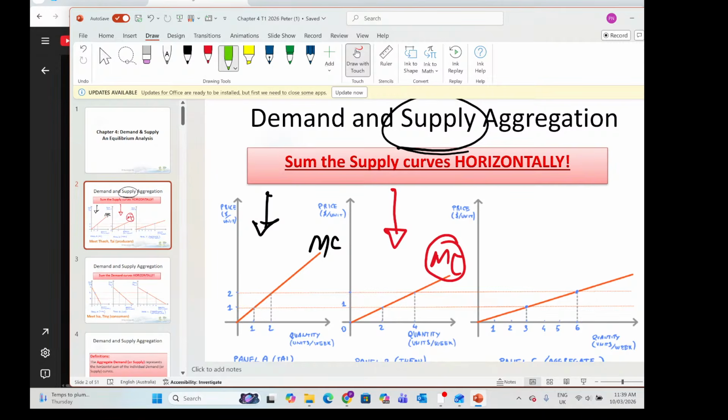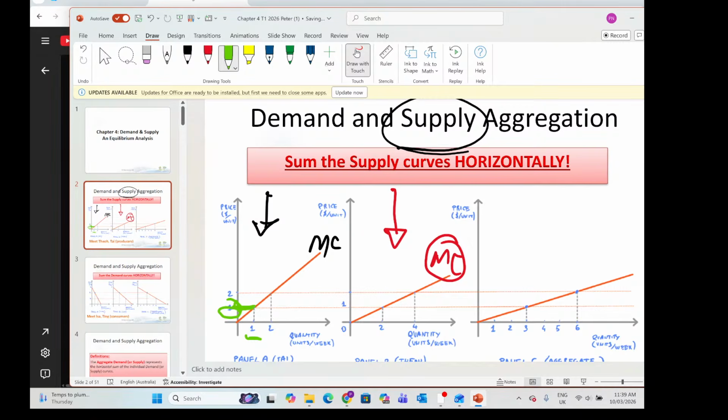And if we just take the prices one at a time, if we think about the price at one, it pays Thai to supply one good. So we just put a little horizontal line to show Thai supplying one good at $1.